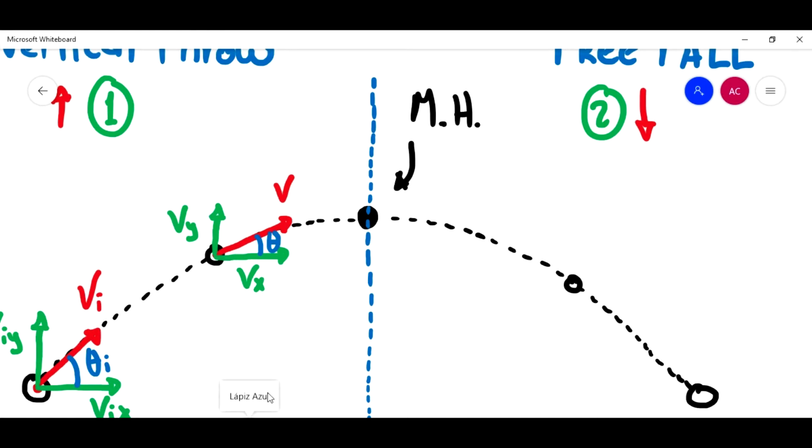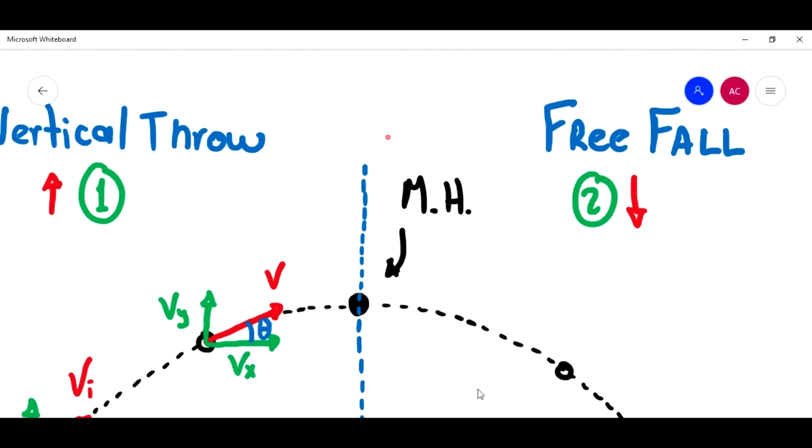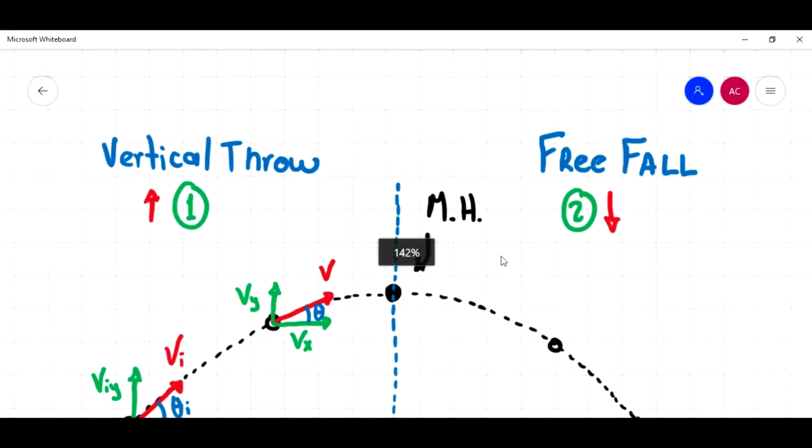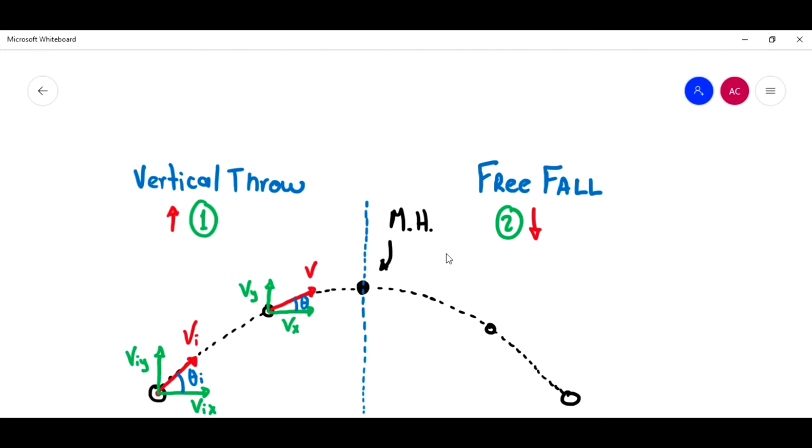The velocity at maximum height in y is 0 meters per second. The velocity in y at the maximum height is 0 meters per second, because that is the velocity in y when we are working with vertical throw.